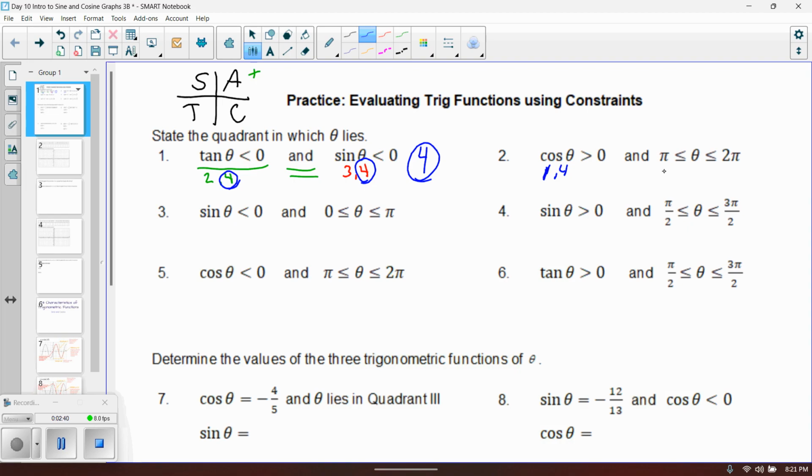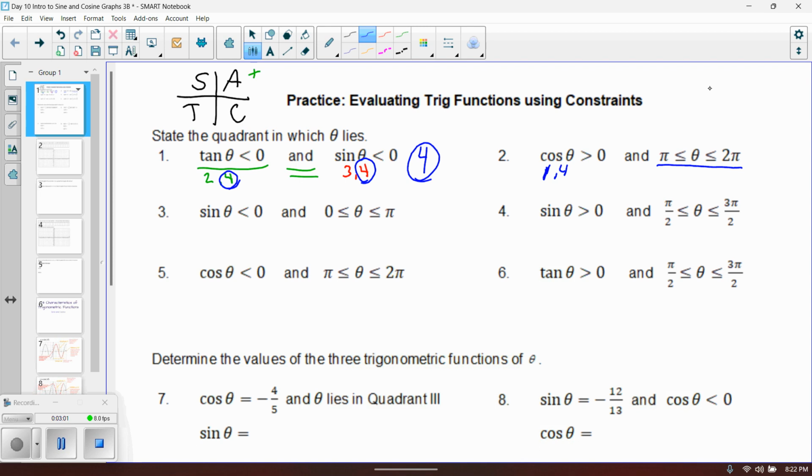And then it says that pi is less than or equal to theta, which is less than or equal to 2 pi. This is basically just telling you, if you think about your unit circle, where the quadrants are that theta is going to be in. Well, pi is way off to the left and 2 pi is way off to the right.